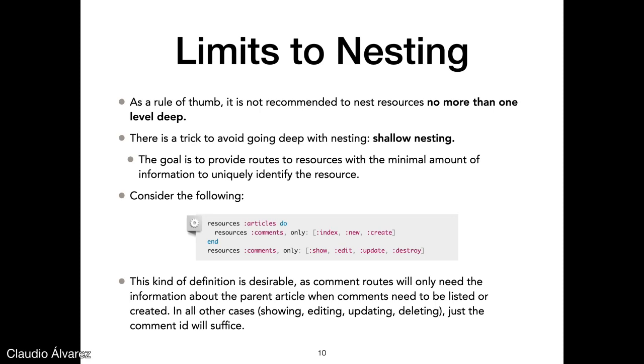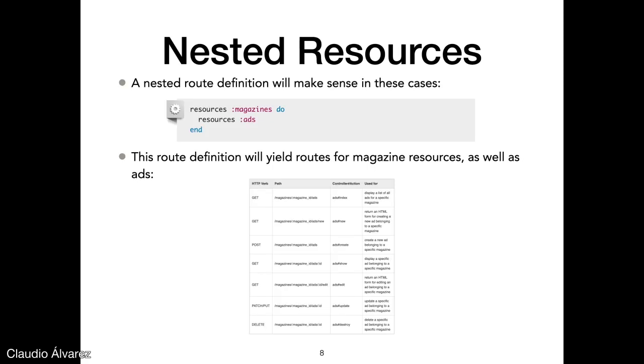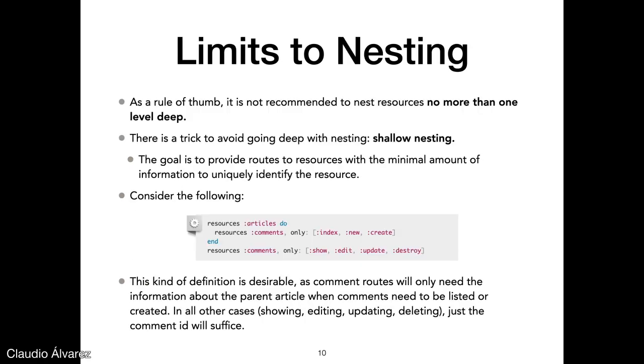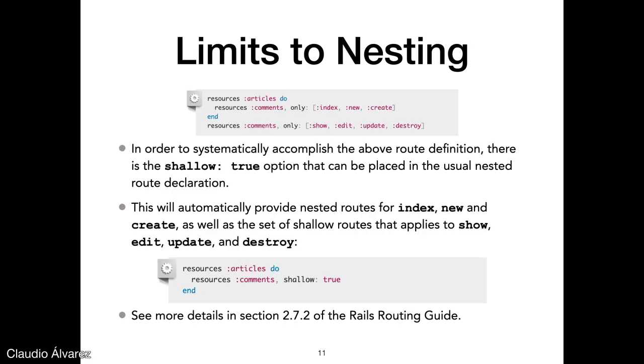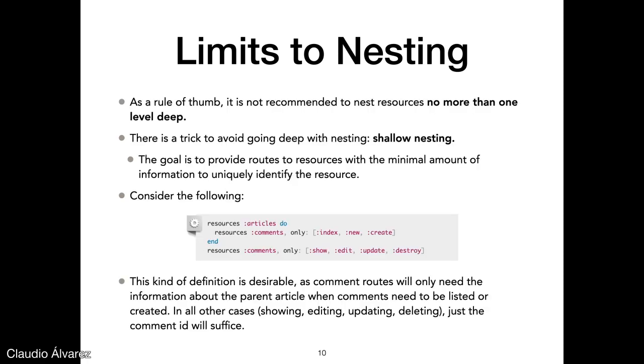If you want, for instance, to have 3 or more levels of nesting, the final URLs you'll have will be extremely long, will require many IDs, and will be very confusing when you are actually programming your navigation. So the good practice, the rule of thumb, is to limit the depth of your nesting when you work with nested routes.